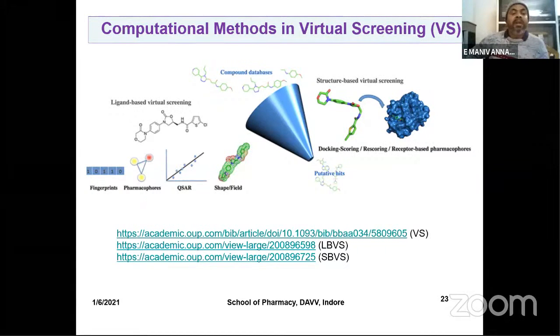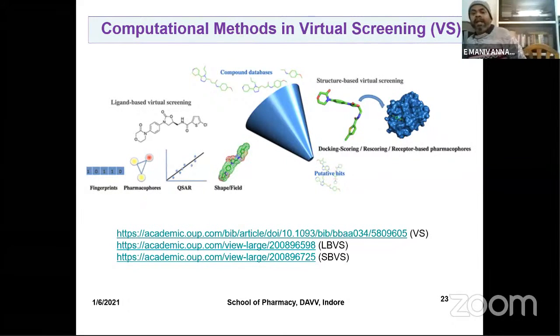More often that is the 3D QSAR approach, pharmacophore or common pharmacophore hypothesis, and then fingerprints, chemoinformatics models, fingerprints, molecular hologram based approaches. So they can be used in the case of scenario 1 and scenario 2.